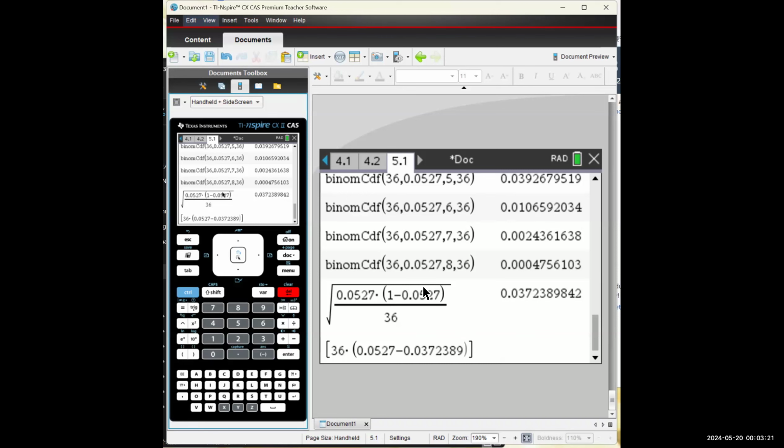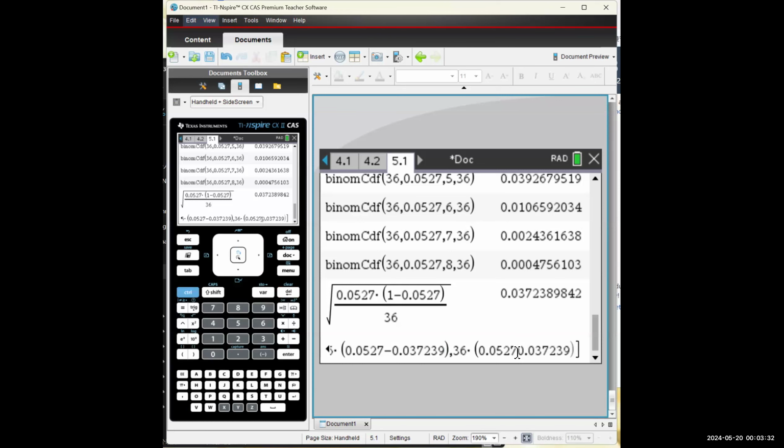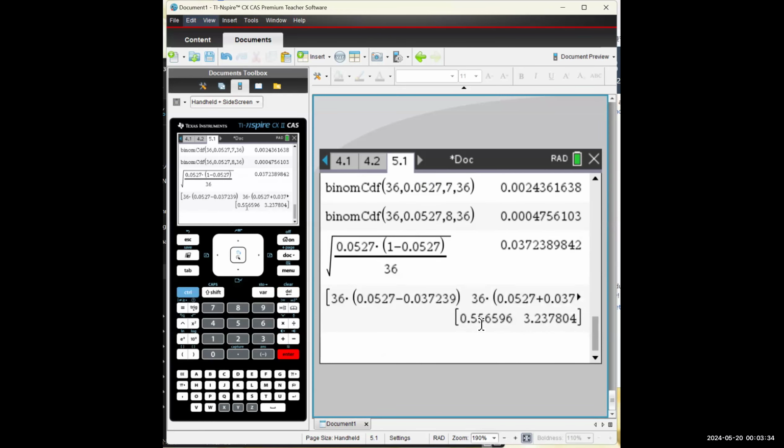We don't need so many decimal places. Comma, 36 times. Bracket. Whatever you have here, put a plus in the middle. So it's like between 0.5 and a 3.2 something.